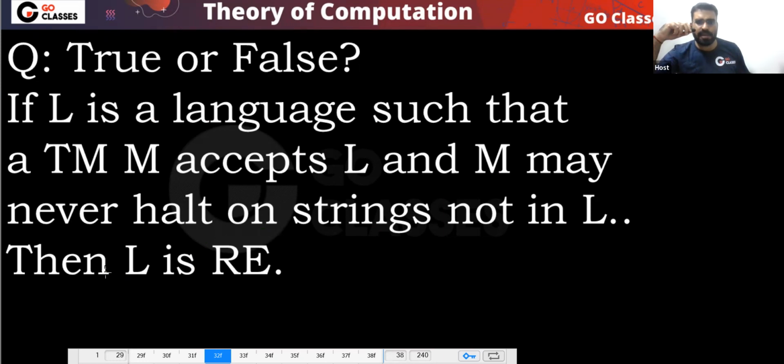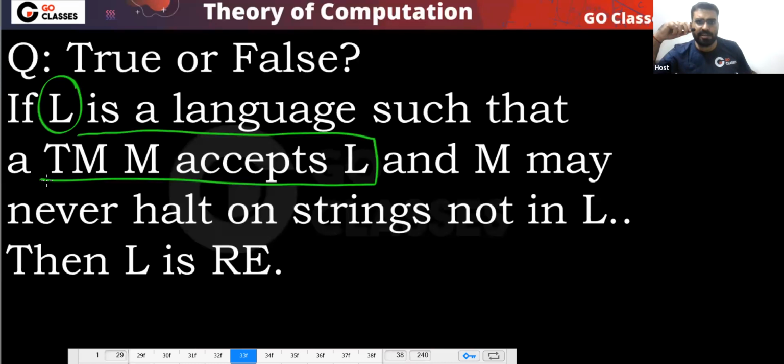Tell me. For L, you have a Turing machine that is accepting L. That is enough to call it RE. Yes or no?